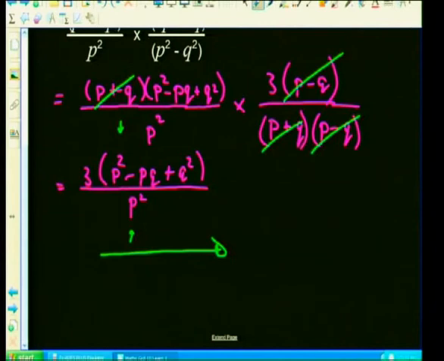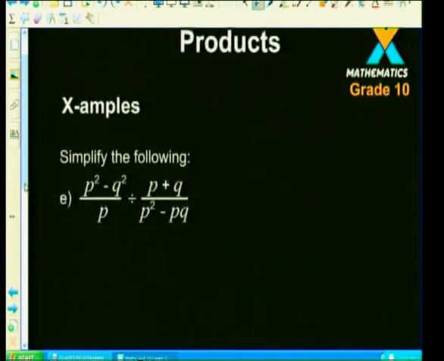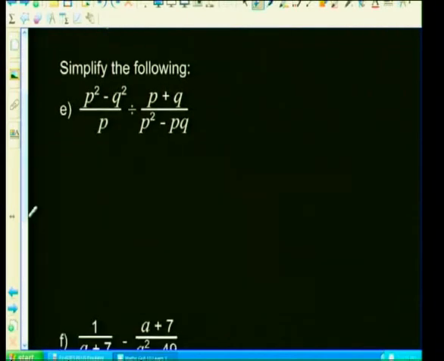Let's do another one. Simplify the following. Well, once again, it's a fraction, so we have to factorize our fraction fully first before further work. Difference of two squares, p plus q, p minus q. That's our numerator.